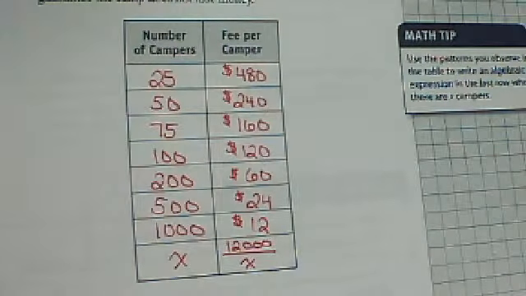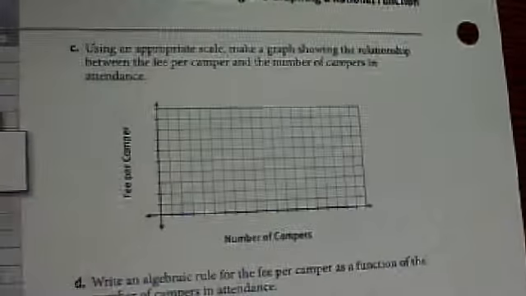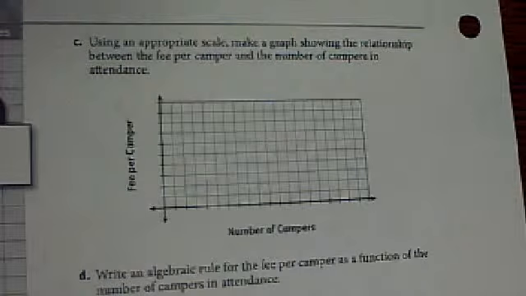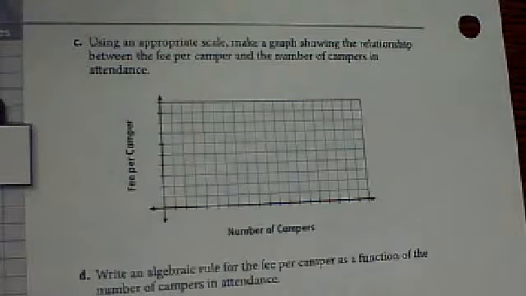Well, let's look at this in a graph. Notice that this is a little bit different than what we've done in the past, where we multiplied our input by a certain number. This time we're taking that certain number and dividing by our input, or the number of campers.